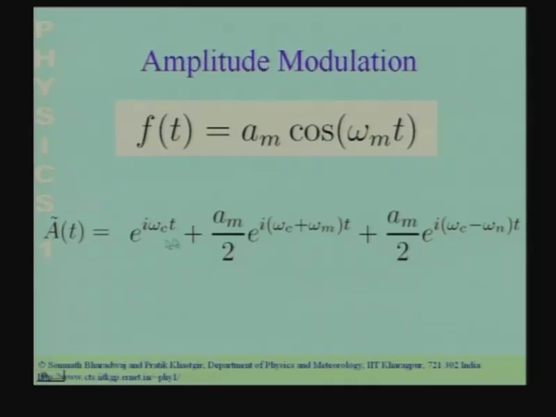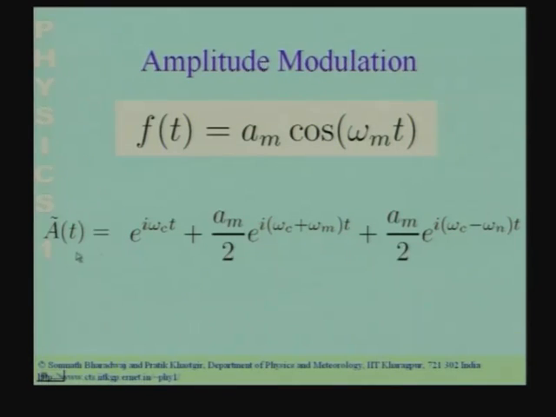The carrier frequency is still there, e to the power i omega c t, but you have these two extra terms, at two different frequencies: omega c plus the modulation frequency and omega c minus the modulation frequency.